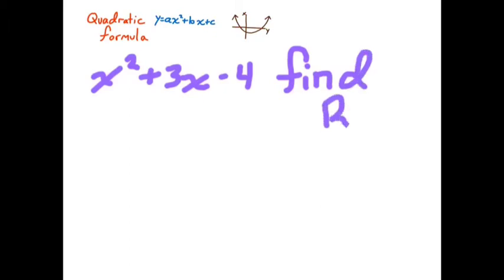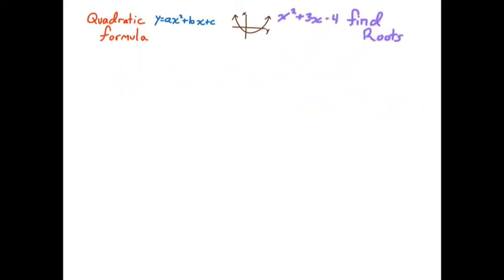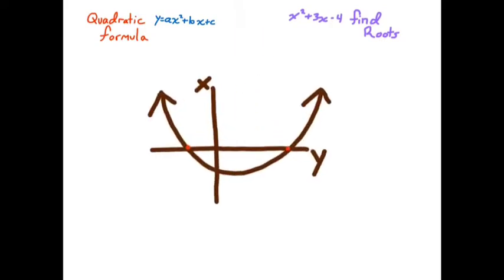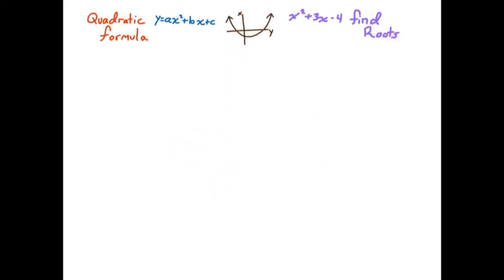Now we're all clear on what the question is. Find the roots. That's what we're trying to do. Somewhere that equation is going to cross the axis. That's the goal. So we'll put him back up there until we need him later.